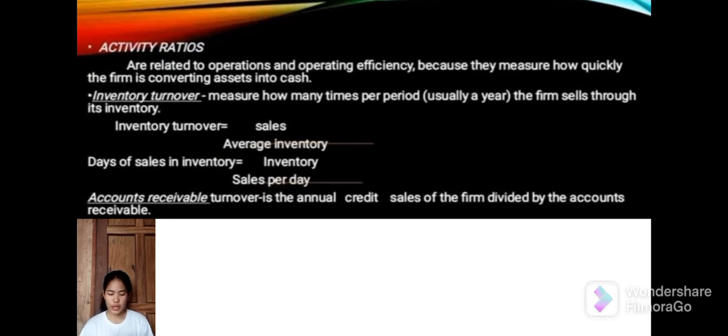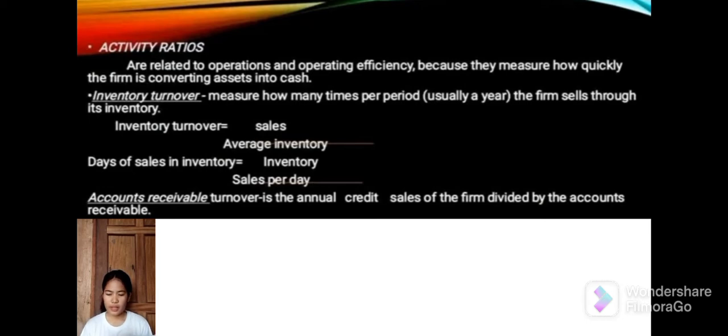Inventory turnover measures how many times per period, usually a year, the firm sells through its inventory. To be more accurate, the firm should use an average inventory rather than the year-ending inventory. Inventory turnover is equal to sales divided by average inventory.